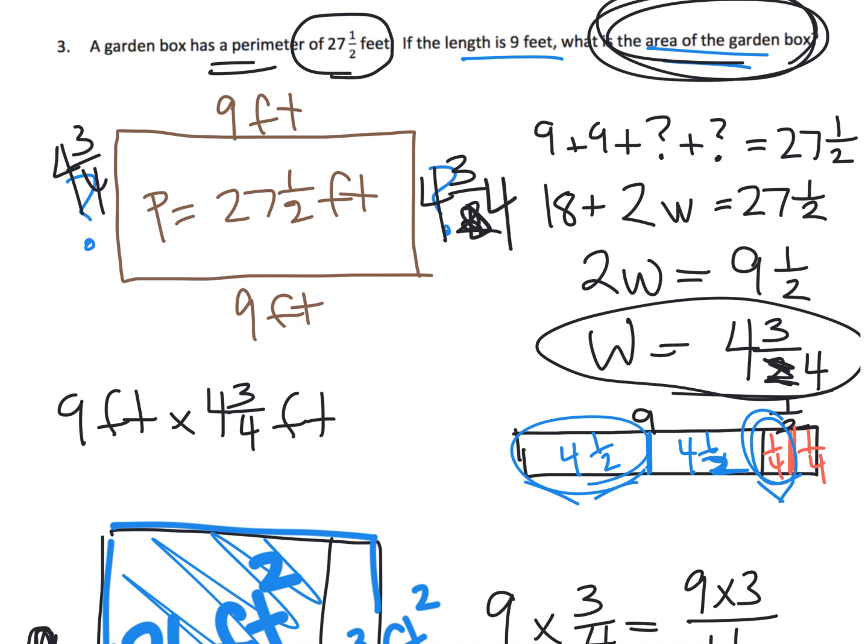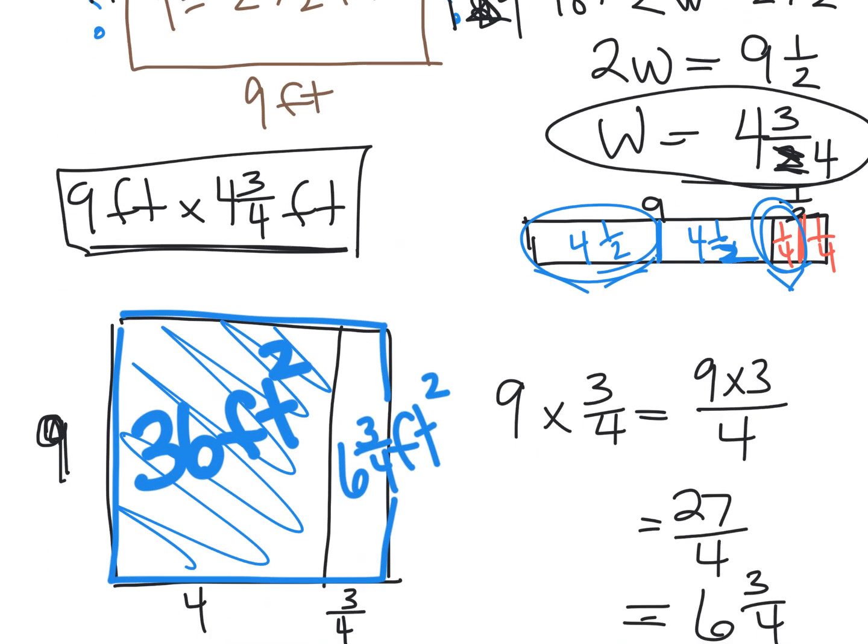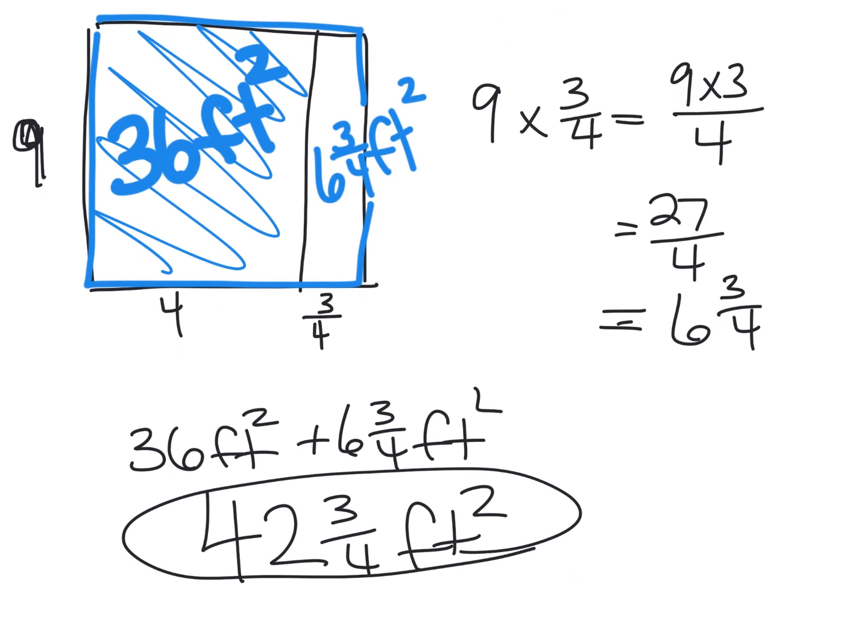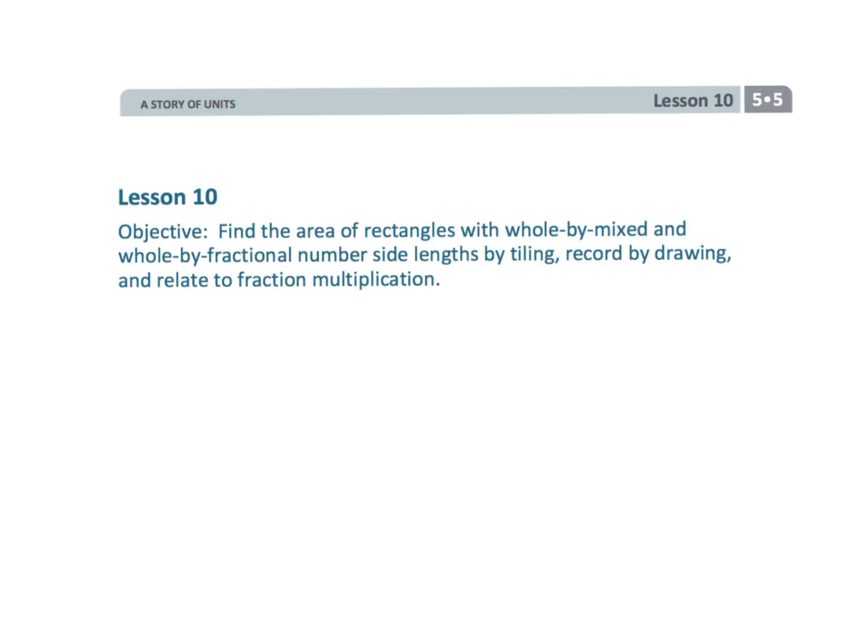And then we knew that we can multiply 9 by 4 3/4 to give us the area of that new rectangular garden, and it's 42 3/4 feet squared. That wraps up a doozy 5th grade Module 5 Lesson 10, where we are learning how to multiply, and ultimately we're going to learn how to multiply two mixed numbers using that standard algorithm.